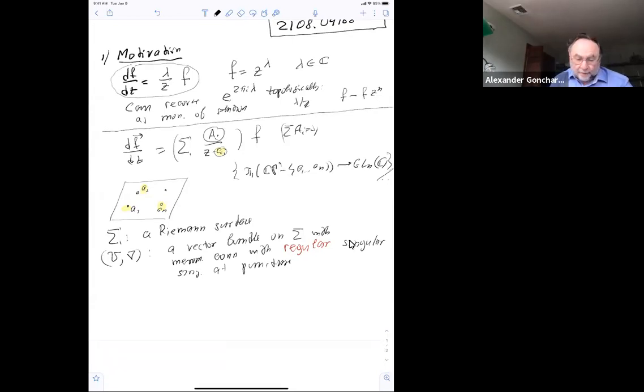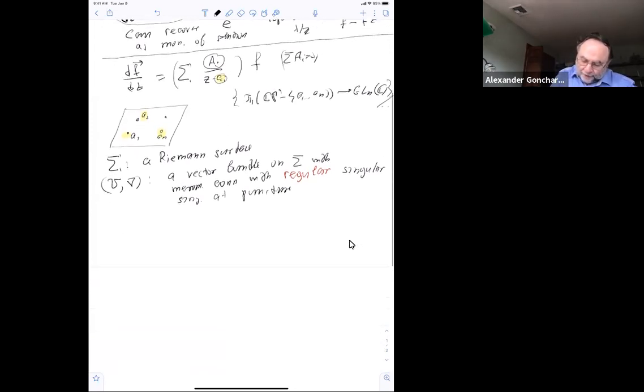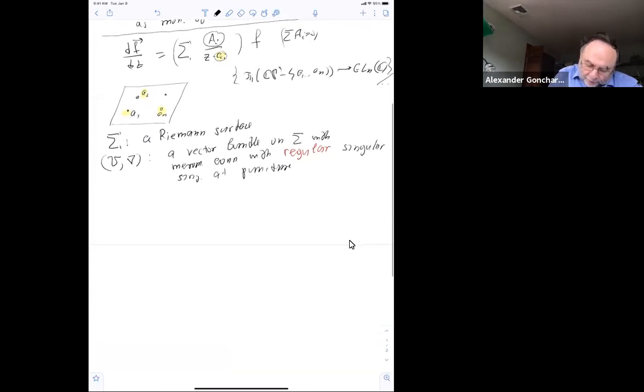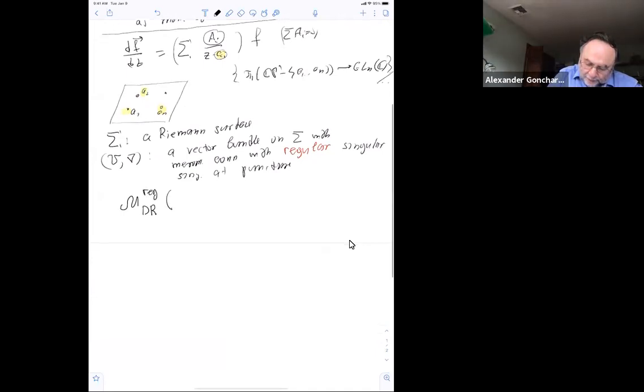And then there is a classical fact that we can consider the space of all such differential equations. So let's call it M_dR, with regular singularities on Sigma. Sigma so far is given to us.